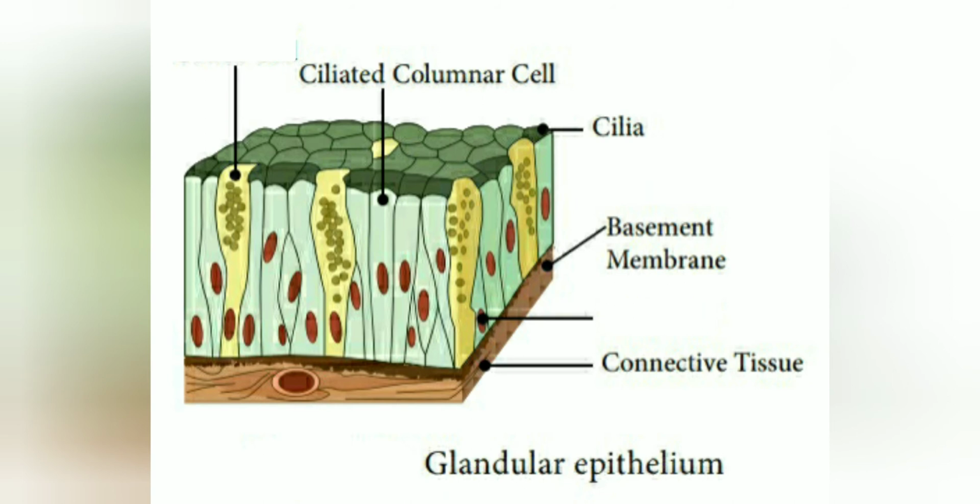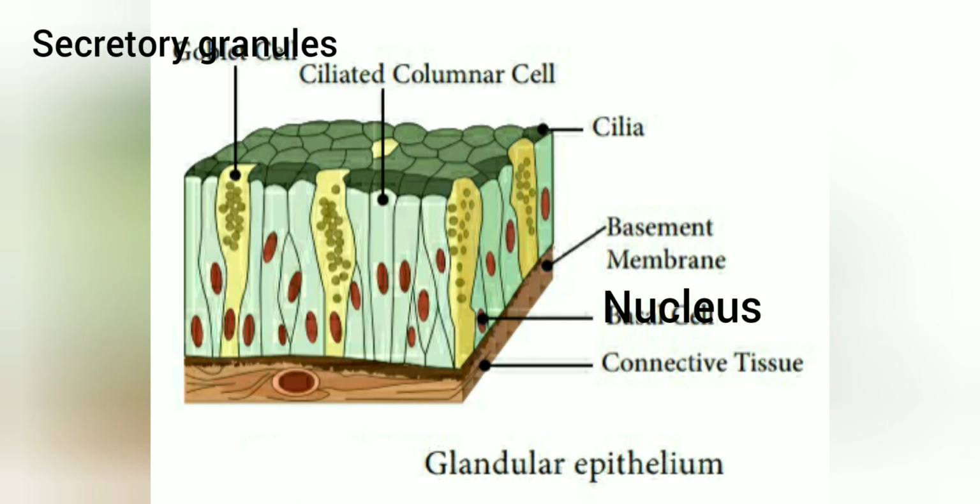The next one is glandular epithelial tissue. The cells may be columnar, cuboidal, or pyramidal in shape. Nucleus is large and situated towards the base. Secretory granules are present in the cytoplasm.